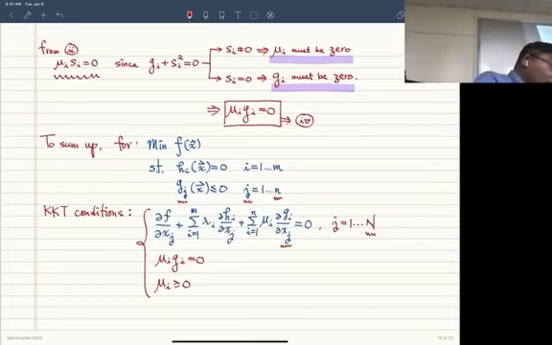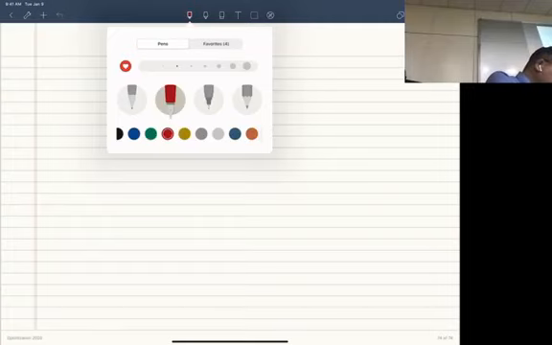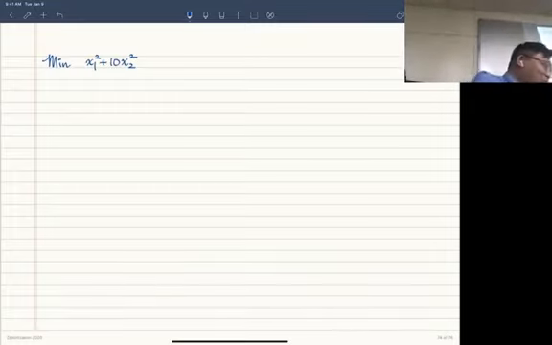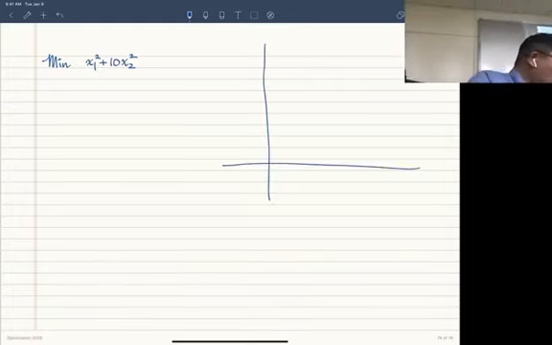Okay, so let me create some problem. Let's say we are minimizing x1 squared plus 10 x2 squared. I better find a problem that I know the answer, so let me use some graphical trick to figure out.